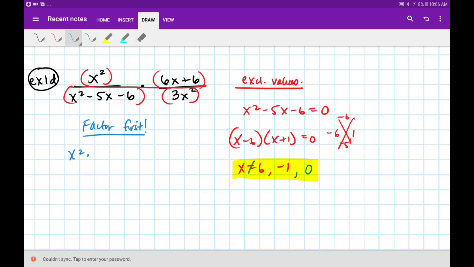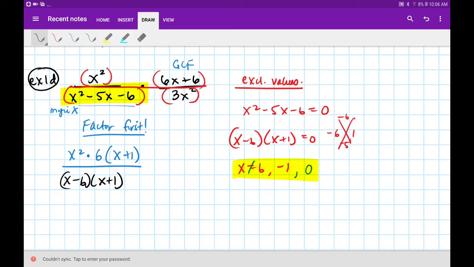I have x squared times, and here I can do greatest common factor, and here we'll do magic x. So pulling out the greatest common factor, which is a 6, I'm left with x plus 1. And we actually already did this work on the side. That becomes x minus 6, x plus 1.